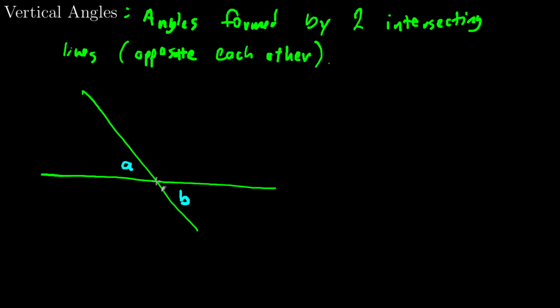They're not adjacent, but they're sort of across from each other here. And the rule, as you can sort of see in the diagram a little bit, is that vertical angles are congruent, meaning they have the same measure. So in this case, I could just write A equals B.